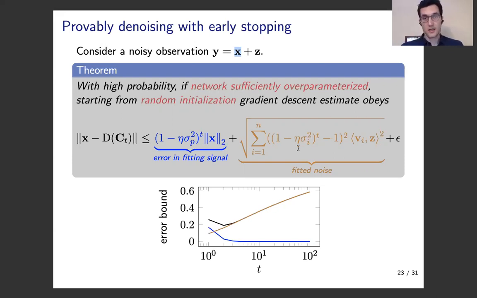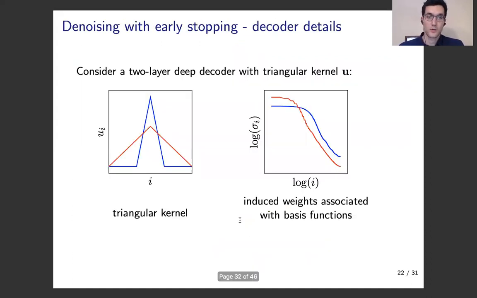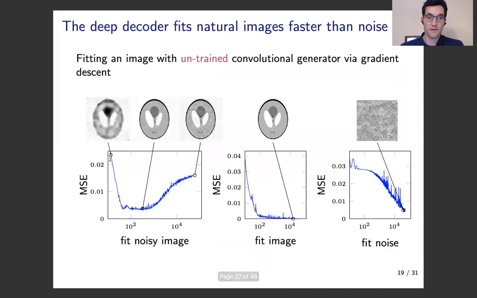In this case I chose Gaussian noise, which is equally strong in all directions, pretty much. So we iterate for a few iterations, the error in fitting the signal becomes very small, but at the same time the error of fitting the noise becomes larger, and that's how we get this U-shaped curve. If we early stop at this point in this example, then we get good denoising performance. Essentially, the theorem describes exactly the behavior of this U-shaped curve.